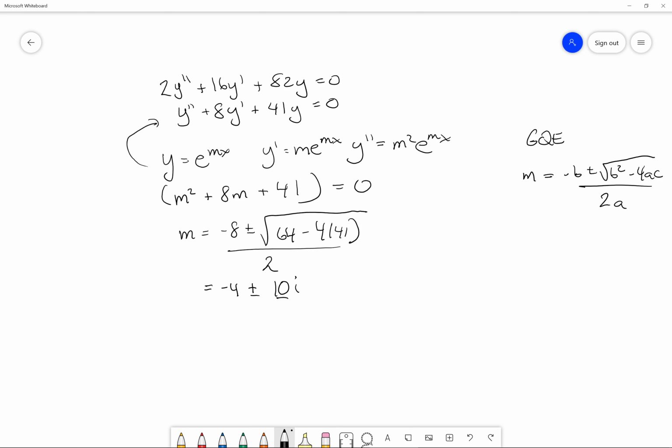What do I get? I get negative 4 plus or minus the square root of 64 minus 164, which is negative 100. I already divided the negative 8 by 2. So the square root of negative 100 is 10i, divided by 2. So I get negative 4 plus or minus 5i.